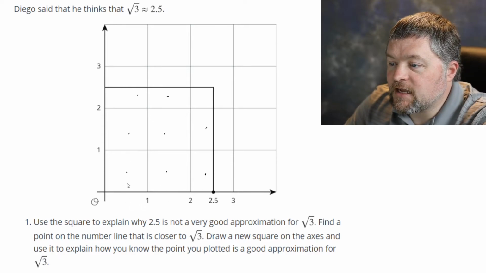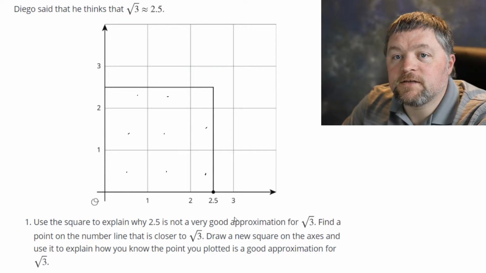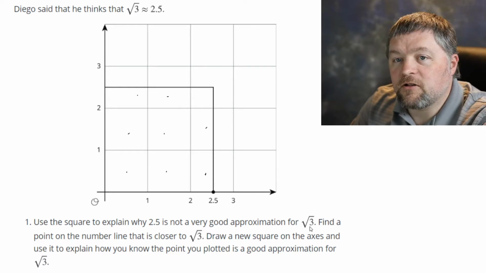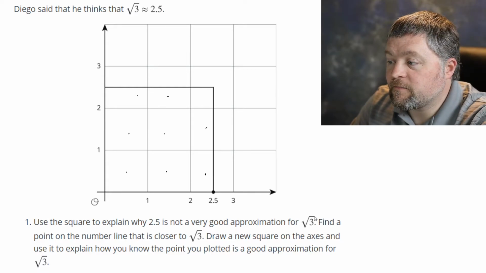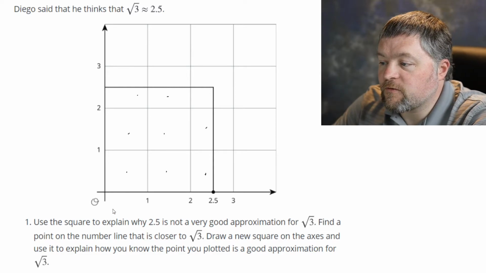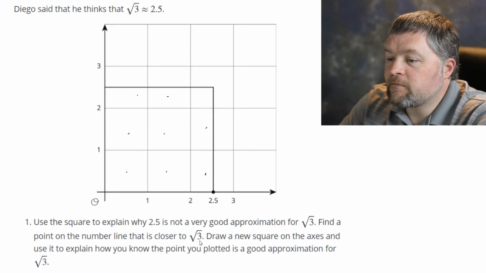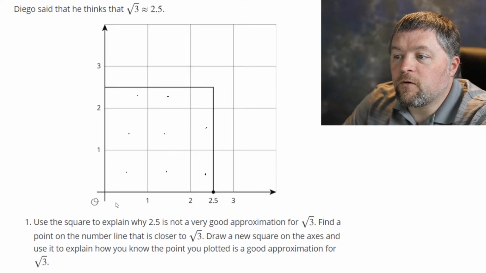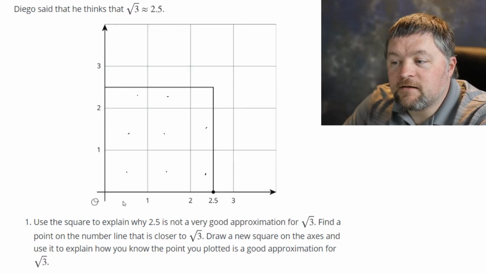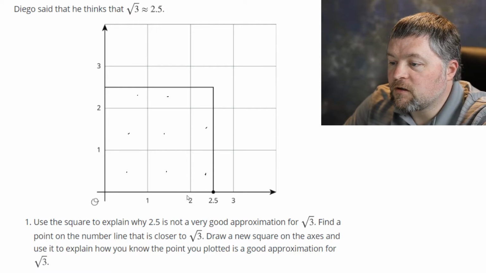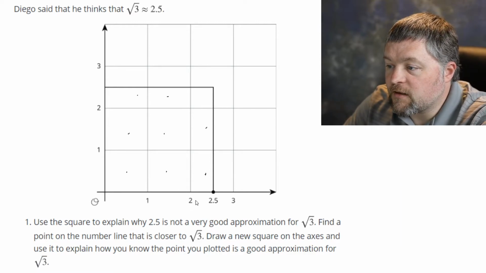Which means the side length is the square root of 6 1/4. That is not close to 3. That is not close to the square root of 3. So, what we want to find instead is a better approximation for the square root of 3.